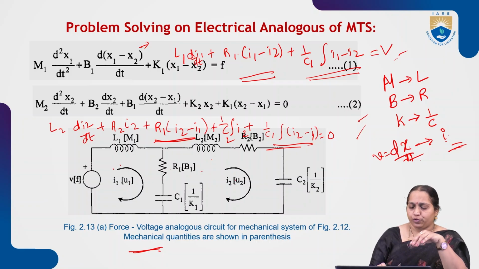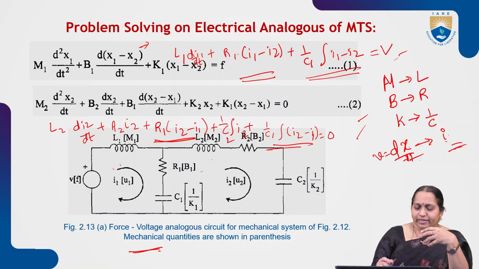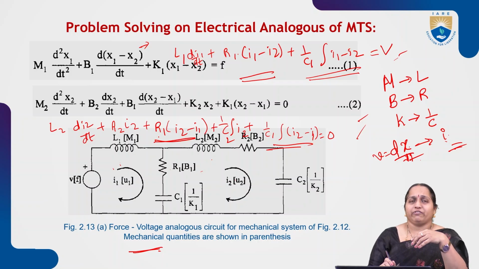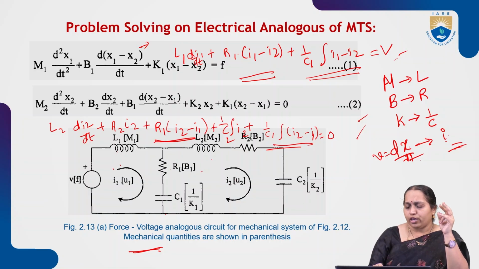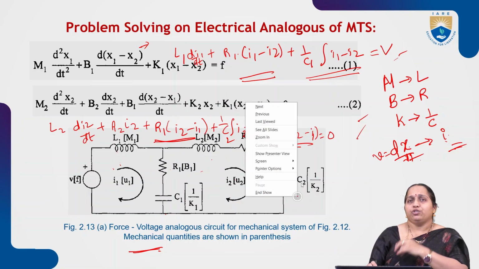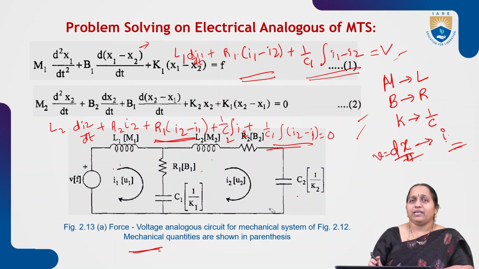What other elements carry current I1? Only R1, M1 and C1, that is R1, L1, and C1. Coming to current I2, we find L2, R2 as well as C2, and all these three elements come in series.